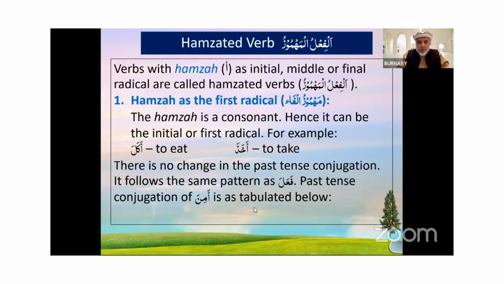Verbs with hamza as the initial letter, meaning the fa letter, the middle ain letter, or the final lam letter, are known as al-fi'l al-mahmoos. What are they known as? Al-fi'l al-mahmoos. And what is the short name? Mahmoos. The short name is mahmoos, and the long name is al-fi'l al-mahmoos.